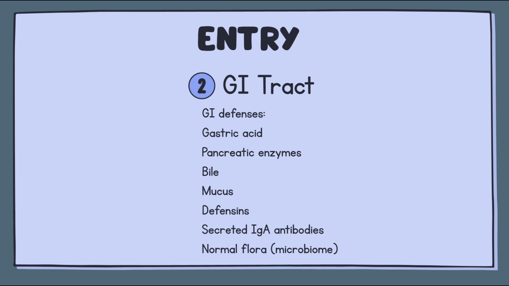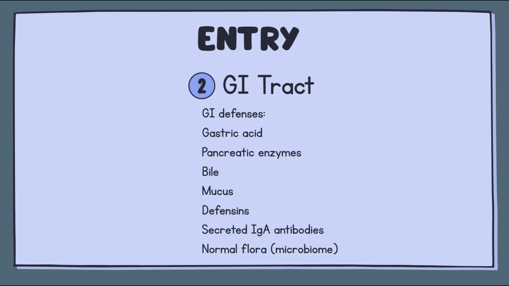The GI defenses include gastric acid, which can kill many bacteria before they reach the intestine, pancreatic enzymes, bile, mucus, defensins, which are antimicrobial proteins, secreted IgA antibodies, and the normal intestinal flora, so the microbiome. And we've discussed this before.